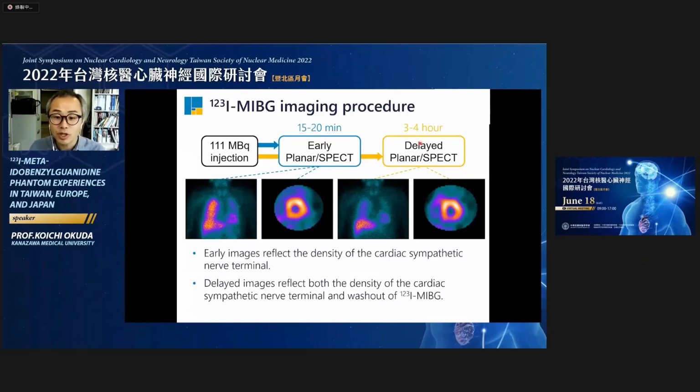Then, delayed imaging is also performed at 3 to 4 hours later. Early images reflect the density of the cardiac sympathetic nerve terminal. Delayed images reflect both that density and washout of MIBG.